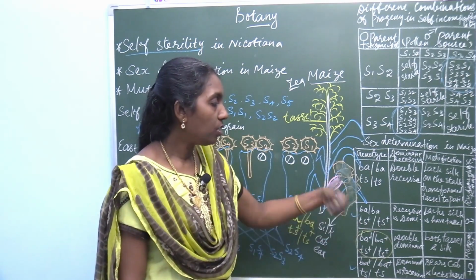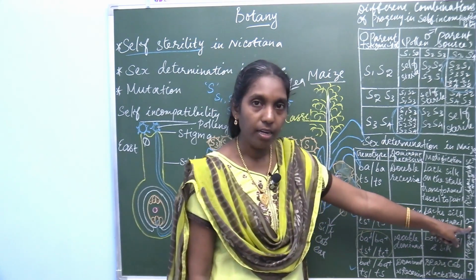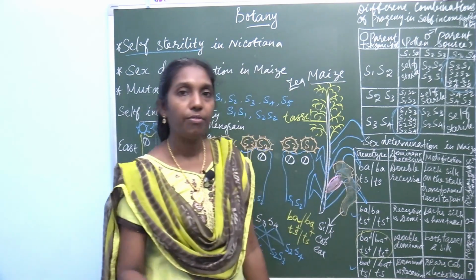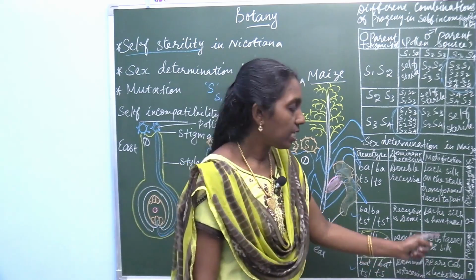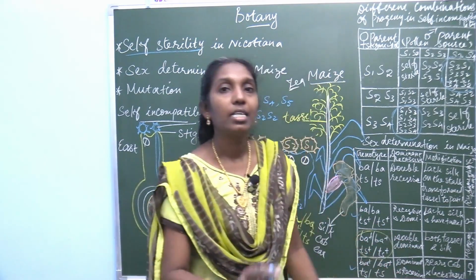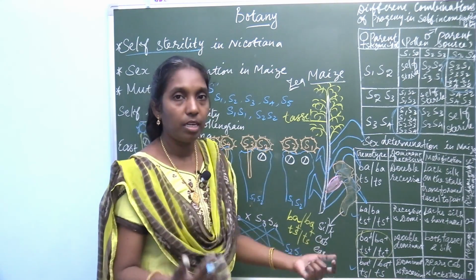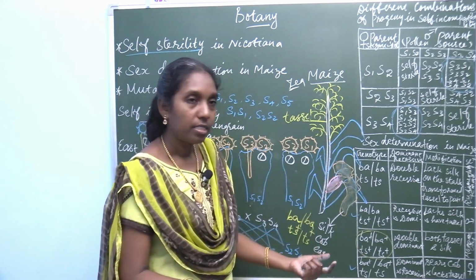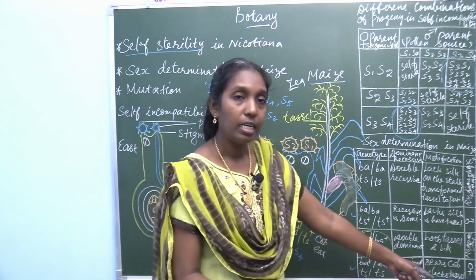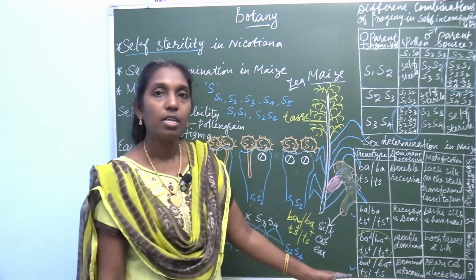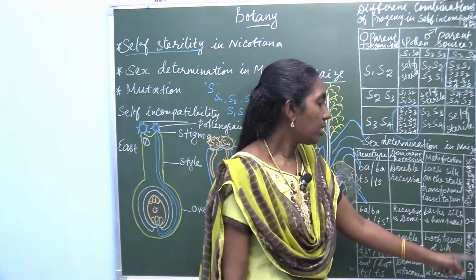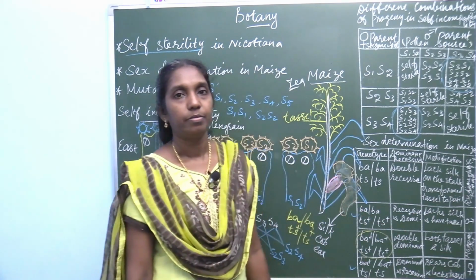If TS is dominant, it produces male. Here BA is dominant, so it bears cob, the female inflorescence. The sex is determined as female. It bears cob and lacks tassel, because if the dominant character is present, it expresses dominant. The recessive lacks. Here the recessive is TS, which lacks, and it expresses the sex as female.